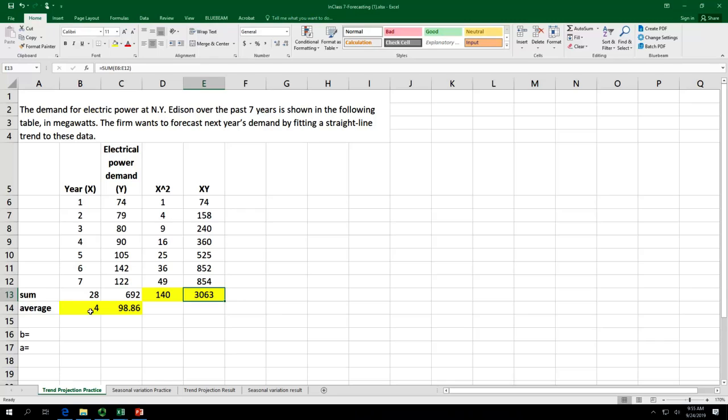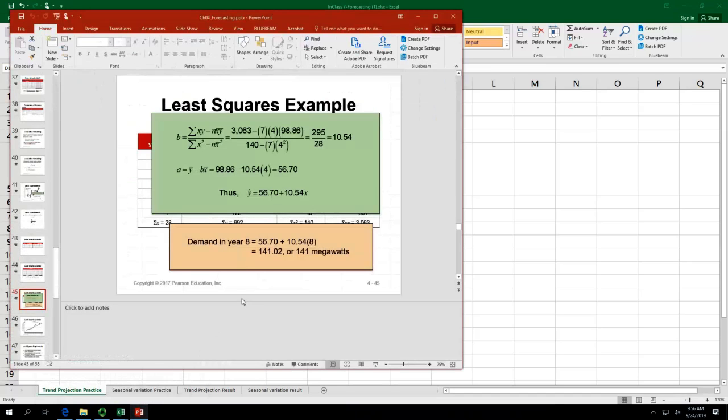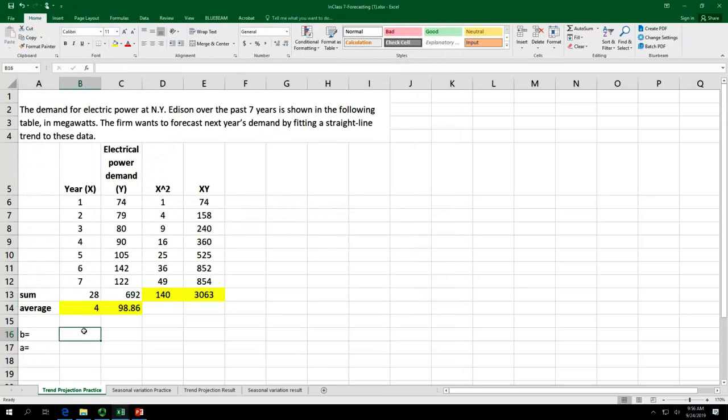We need n times x bar times y bar. So these two. And in the denominator, we see sigma x squared, minus n times x bar squared.